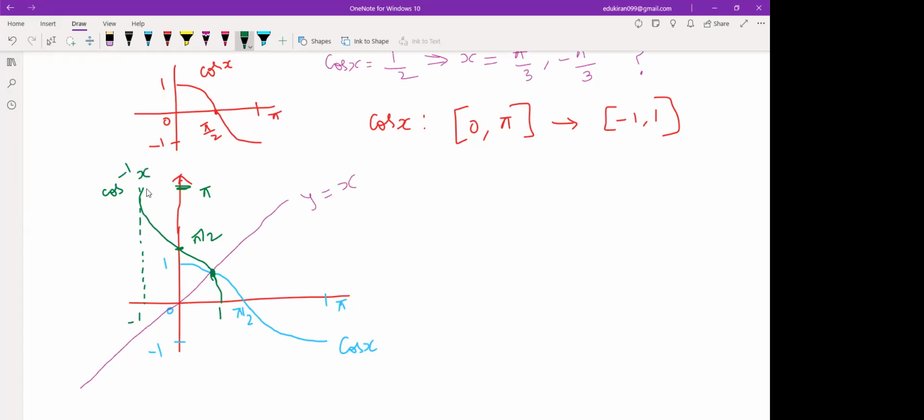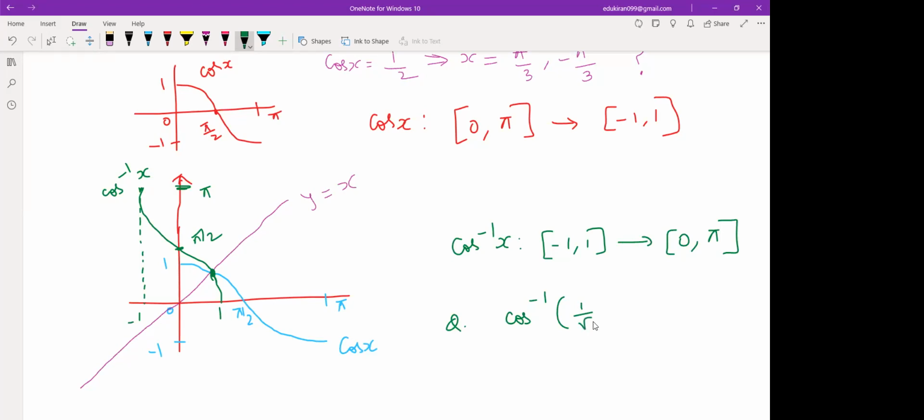So the green one is the cos inverse x graph and the blue one is the cos x graph. They are intersecting on the line y is equal to x somewhere. And you can say that cos inverse x will have the domain minus 1 to 1 and codomain 0 to pi.